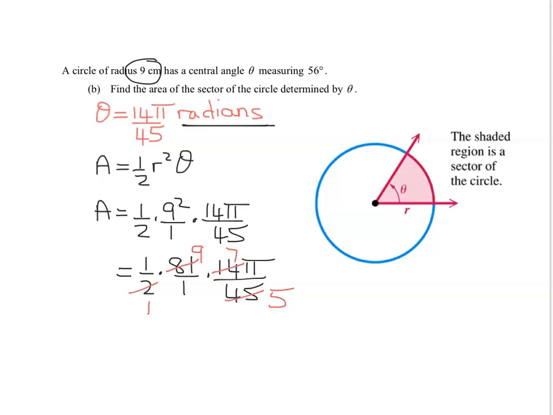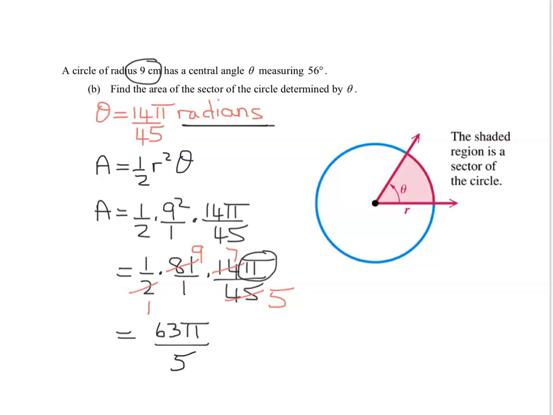So now what is my answer? Well, if I look in my numerator, I have 1 times 9 times 7. 9 times 7 is 63 times, don't forget that pi over here, all divided by 1 times 1 times 5, which is 5.